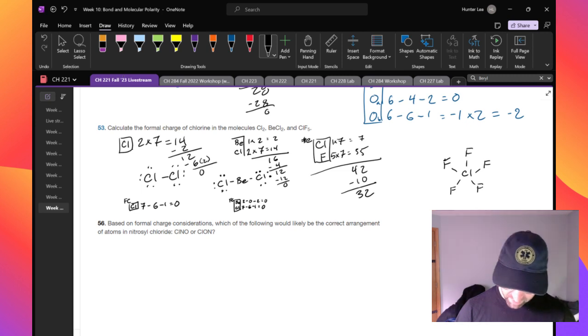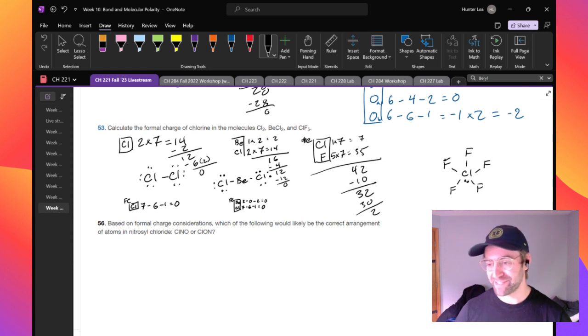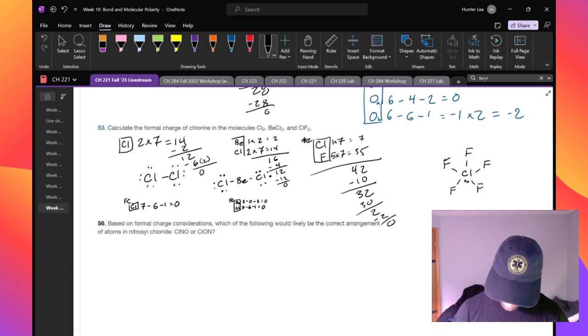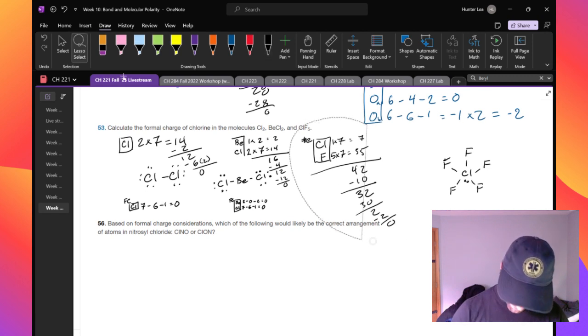5 times 6 would only give us 30 if we did all lone pairs, which means that chlorine would have to have an extra lone pair on it, which it can because it's in group 3 or above, which we could infer because there are 5 fluorines bound to it. So that's all of our electrons accounted for.